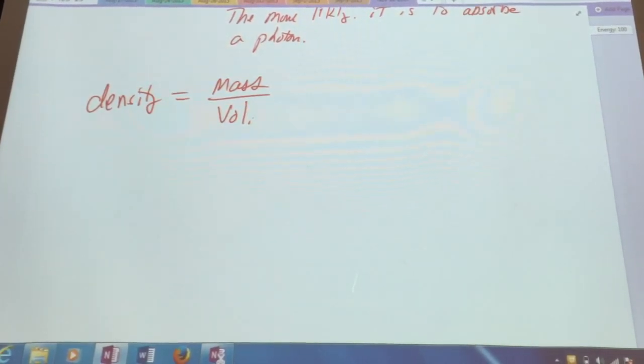The feathers have more volume. So what is the density of the feathers compared to the density of lead? Much less, yes. Because you're putting a really big denominator on the bottom, right? That's why.